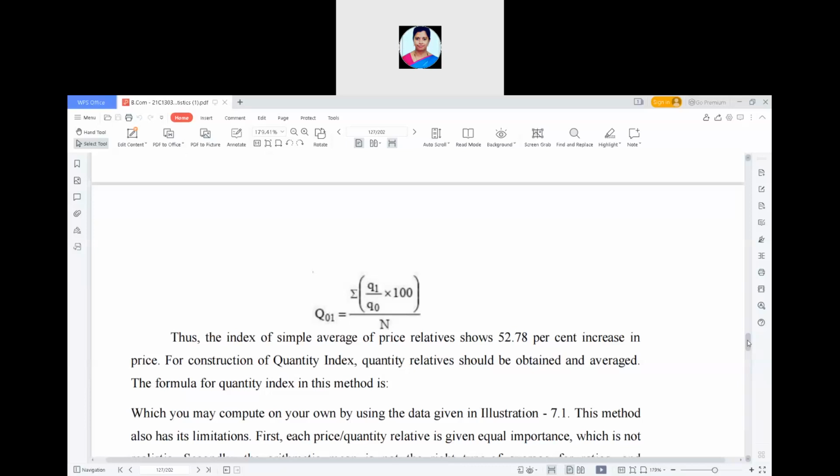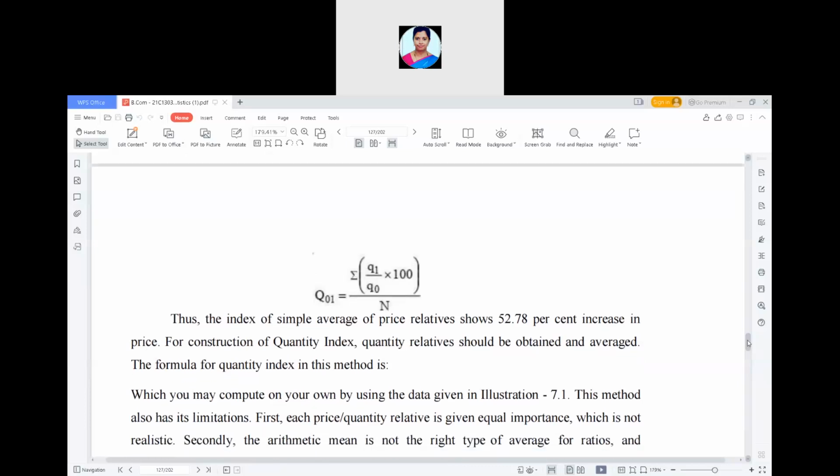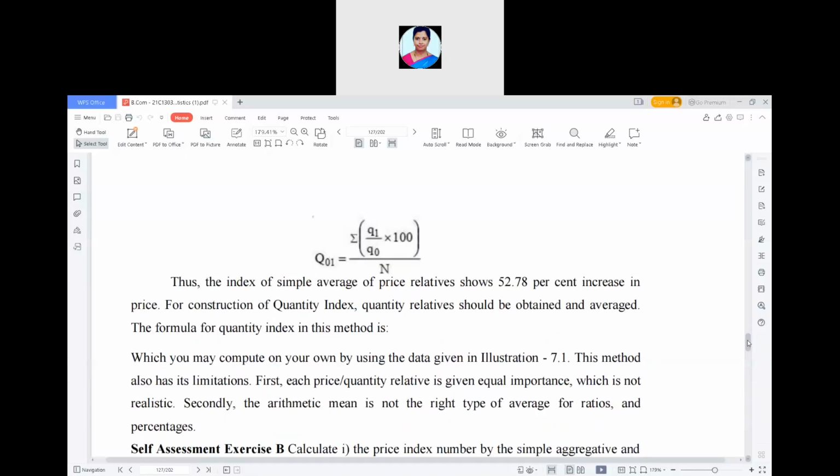For constructing the quantity index, the quantity relatives should be combined and averaged. So the formula is Q01 equals the summation of Q1 by Q0 into 100 by N. You may compute this on your own, using the same pattern as illustration 7.